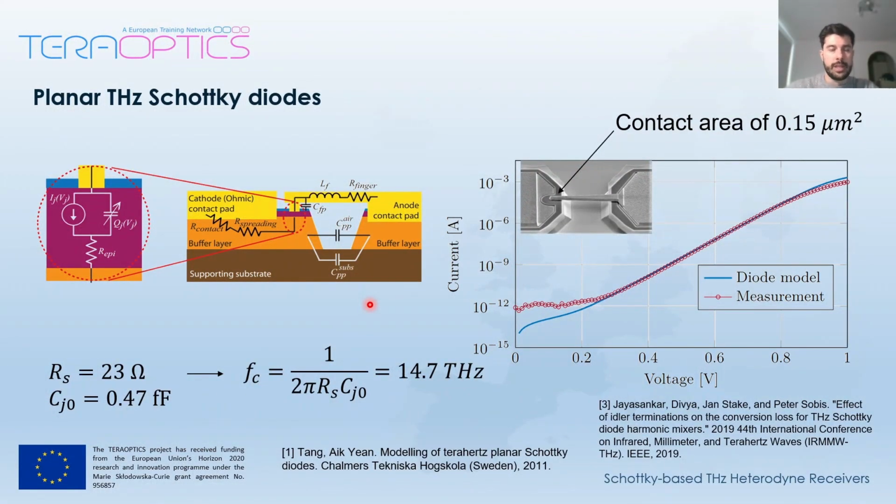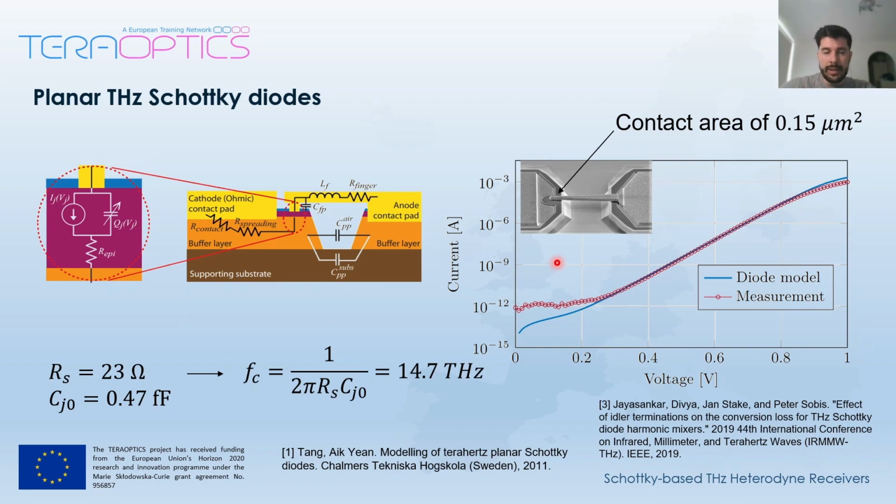Finally, to end this chapter, we can have a look at an actual physical implementation of terahertz diodes. Nowadays, the state-of-the-art Schottky diodes use planar technology with a surface channel, such as this cross-section representation. This technology basically can reduce the parasitics of the diode as much as possible, therefore reaching higher frequencies of operation.